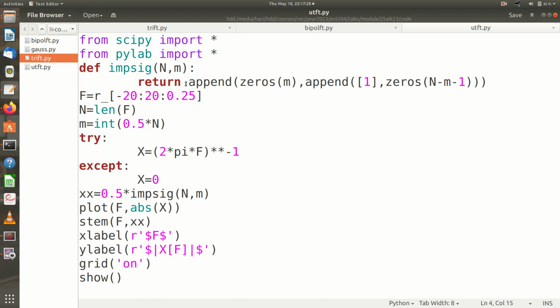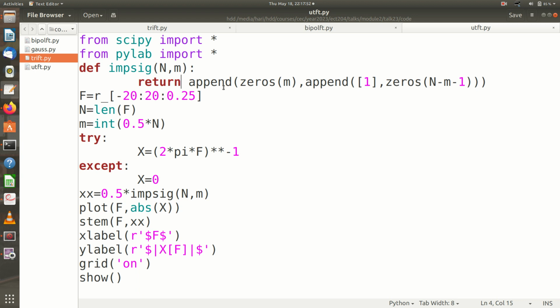Here actually I have computed 1 by 2 pi f and overlapped it with an impulse signal. Okay. So here I have written an impulse signal as this: append zeros, append 1. So a 1 is preceded and succeeded by some zeros to make an impulse signal.